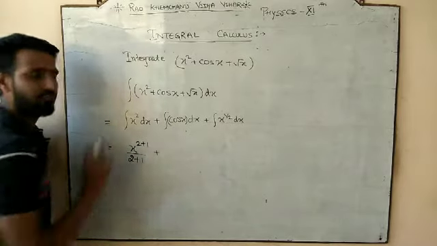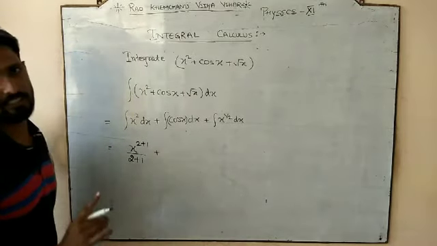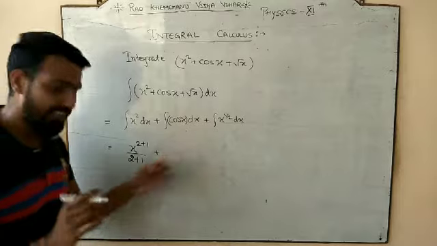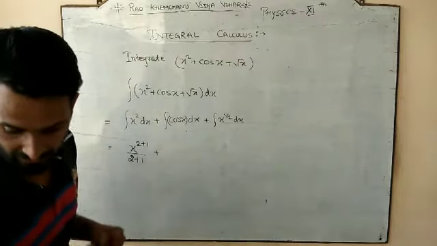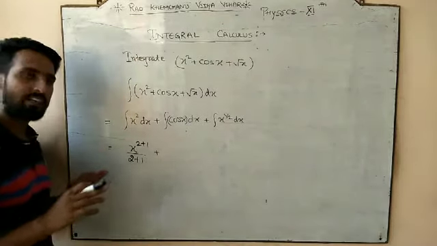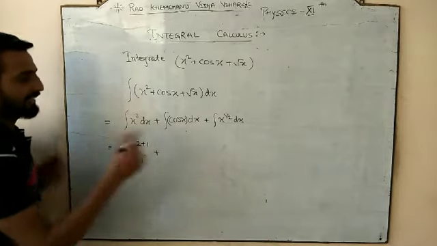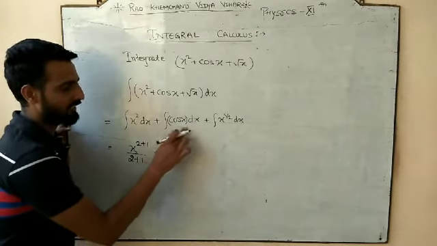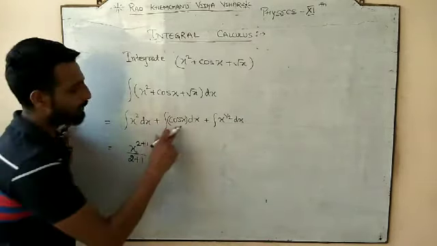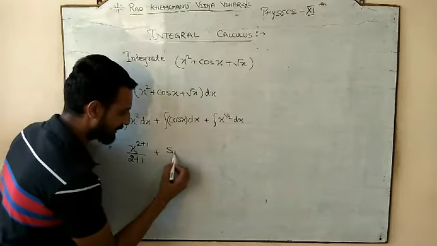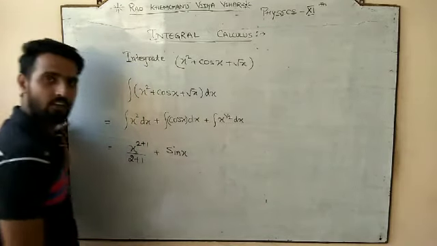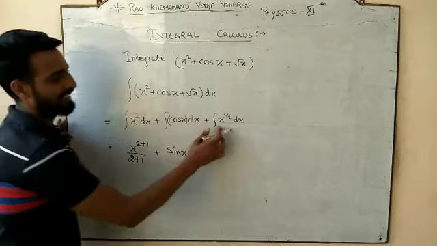Plus integration of cos x. You know that जो हम लोग already अभी rule में लिख के आ चुके हैं, that differentiation of cos x was minus sin x, but integration of cos x is sin x.